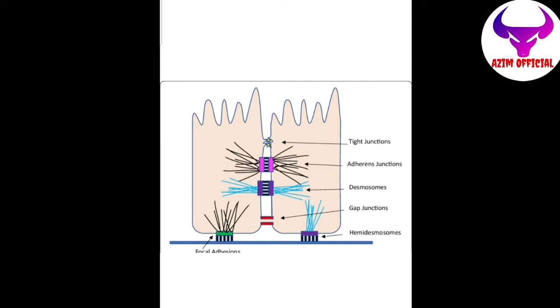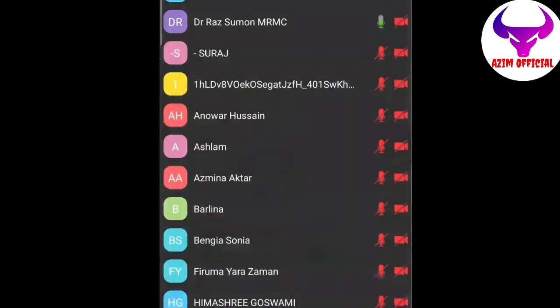Junctions that fasten the cells to one another and to surrounding tissues, like tight junctions, also called zonula occludens. You should remember the tight junctions. You can see the tight junctions here, which attach tightly or closely. These types of junctions tie the cells together into tissues with strength and stability mainly.